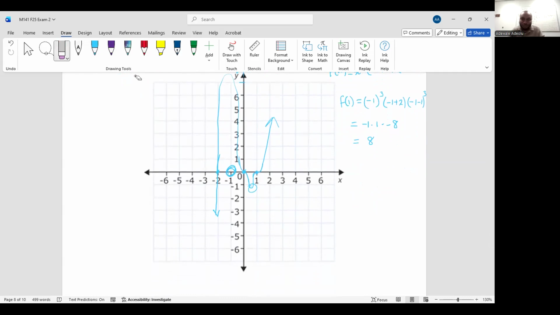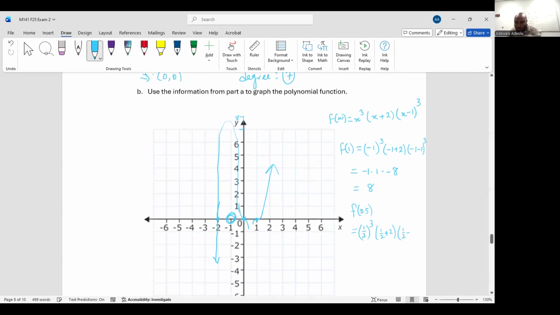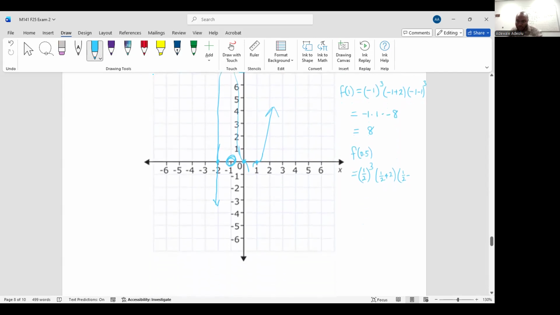Yes. All you need to do is let us find f of 0.5, for example, which is 1/2. So maybe we should use fractions: 1/2 raised to power 3 times (1/2 plus 2) times (1/2 minus 1) raised to power 3.